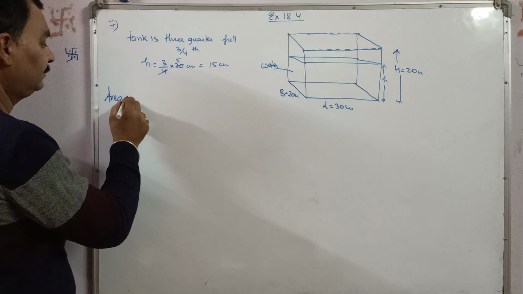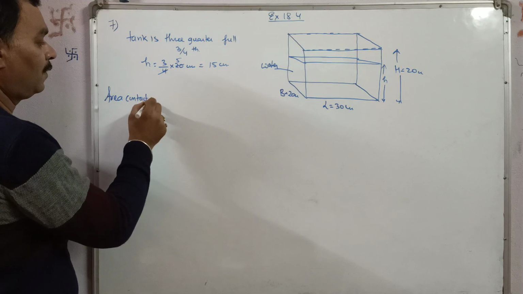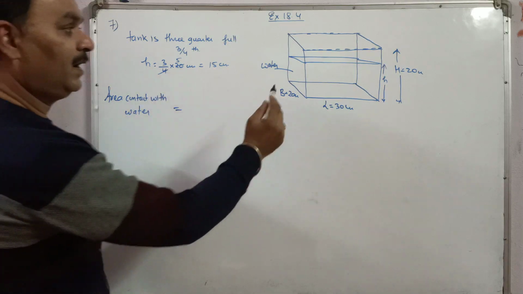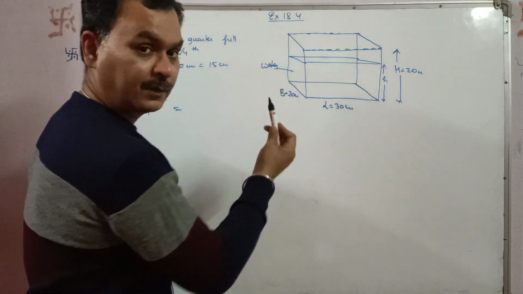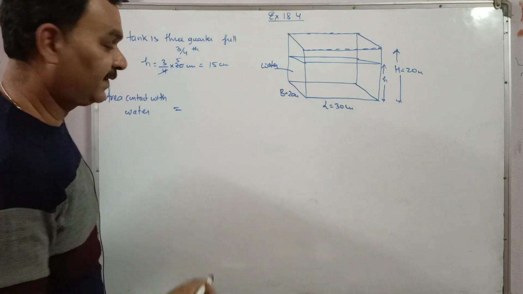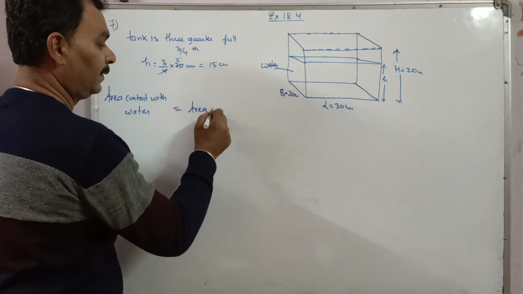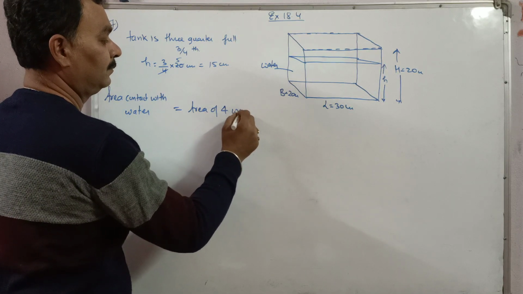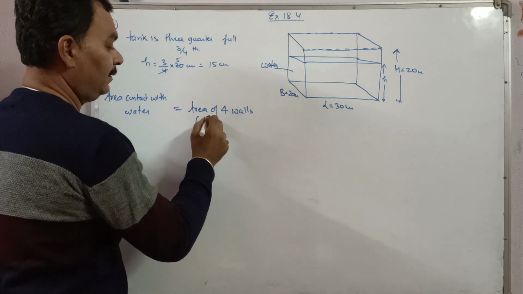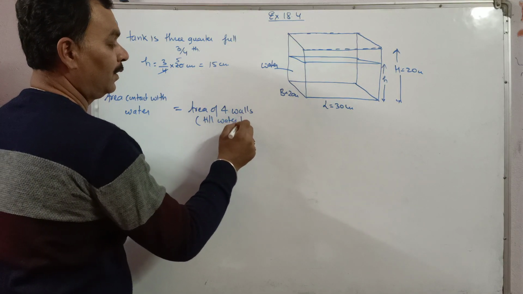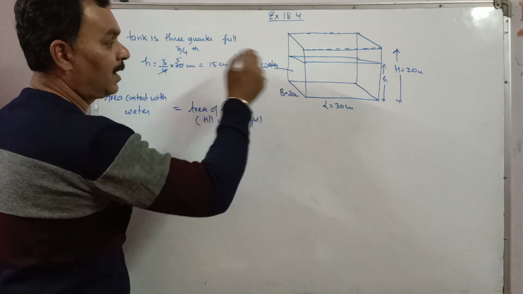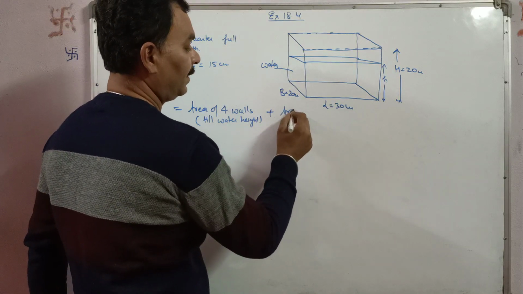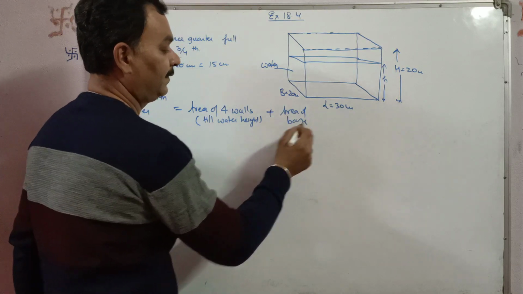Now the area in contact with water is the area of the four walls of this cuboid, till the height of the water, plus area of base.